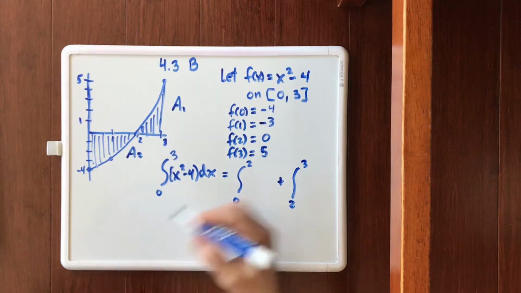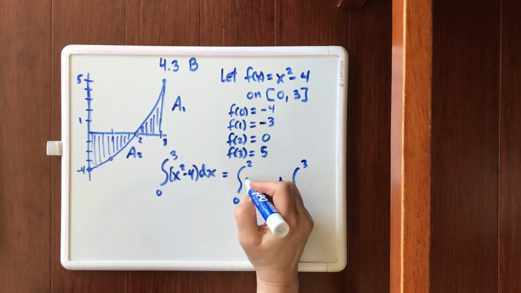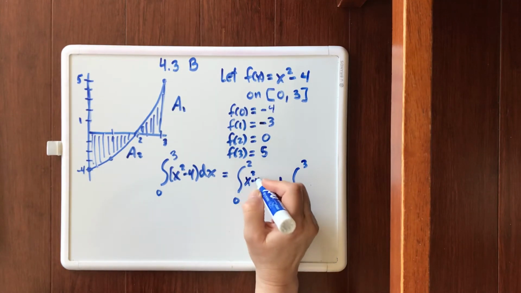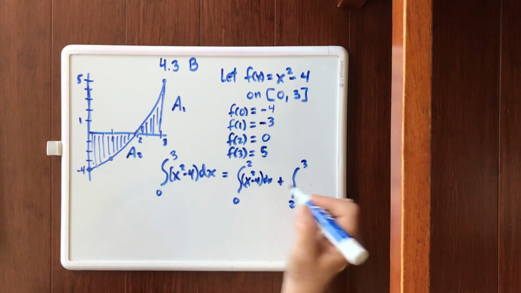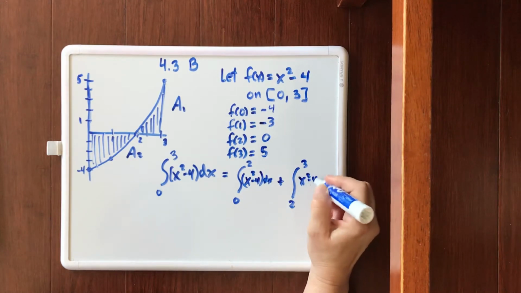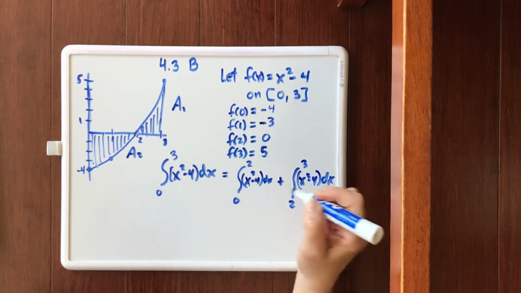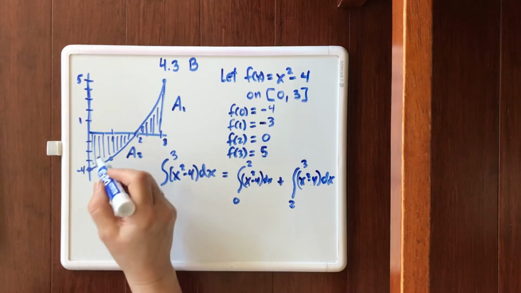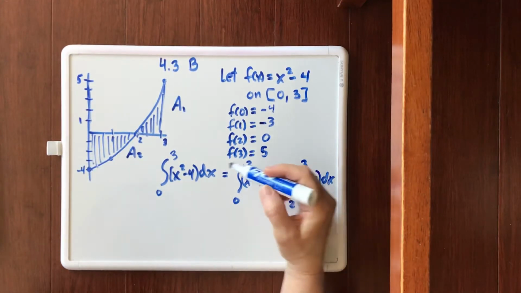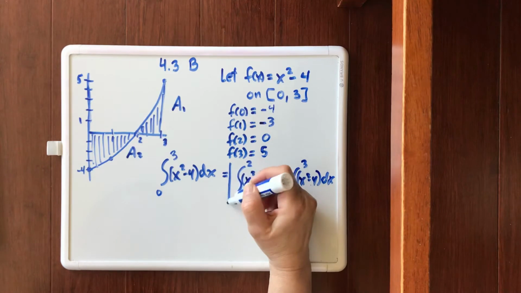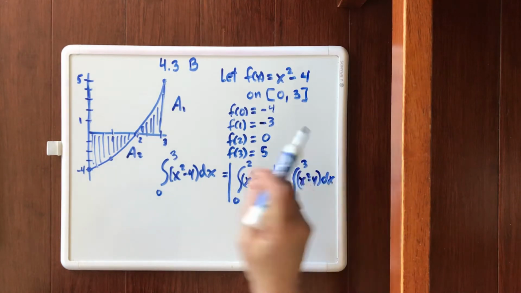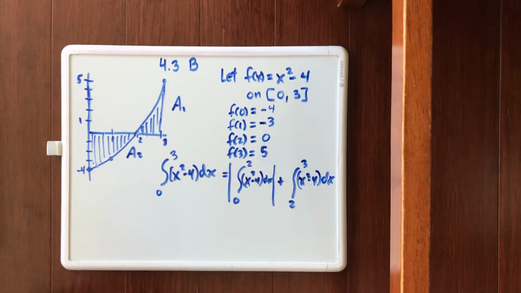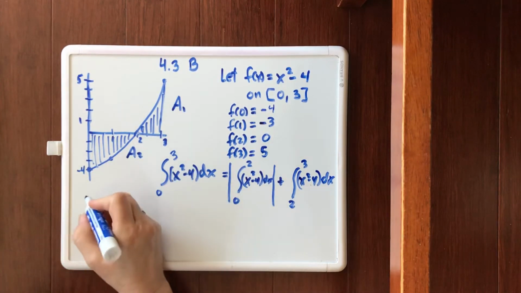Okay, and I'm just going to write x squared minus 4 dx, x squared minus 4 dx. But remember, this part needs to be a positive answer. So you can think of it as doing the absolute value of this one and adding it to the next one.